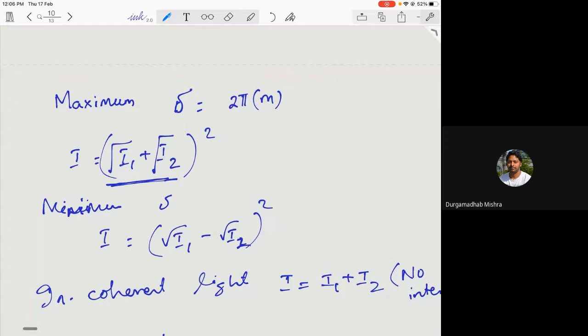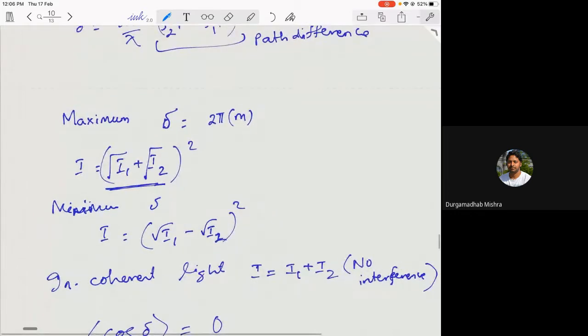If the phase difference is exactly 2 pi, you will see I1 plus I2. But the phase difference may not be exactly equal to 2 pi. There can be a constant phase relation, so that delta should change the total intensity.